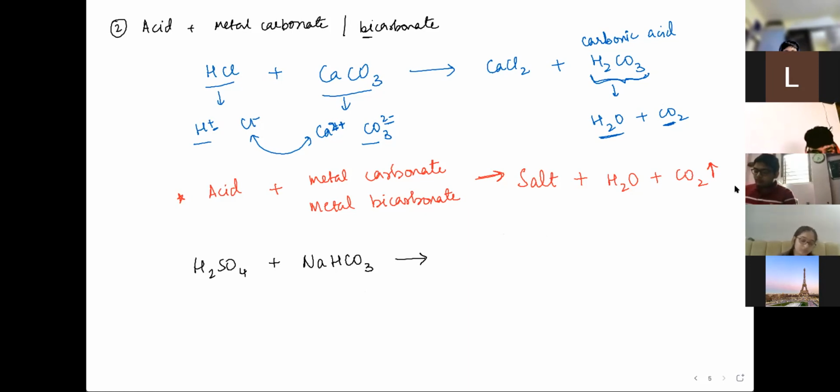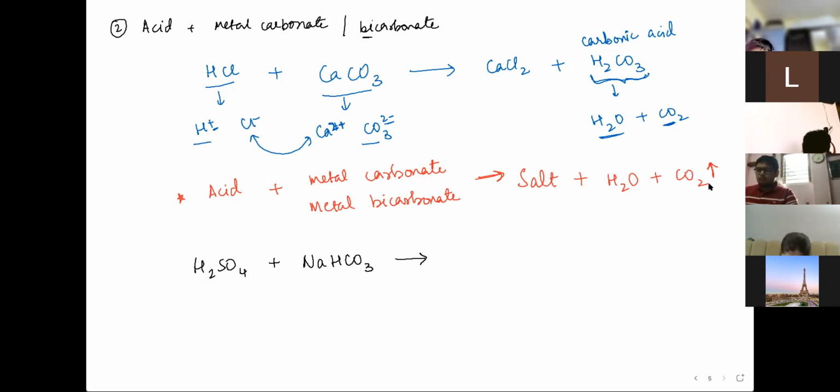Yes, Mansi, correct. So it's CO3 minus. Aditya, yes, products are absolutely right. Now you just have to look at the balancing of that. Puneet, check the valency.